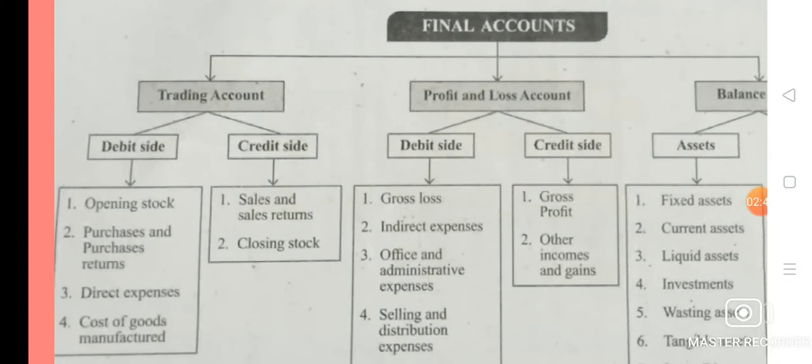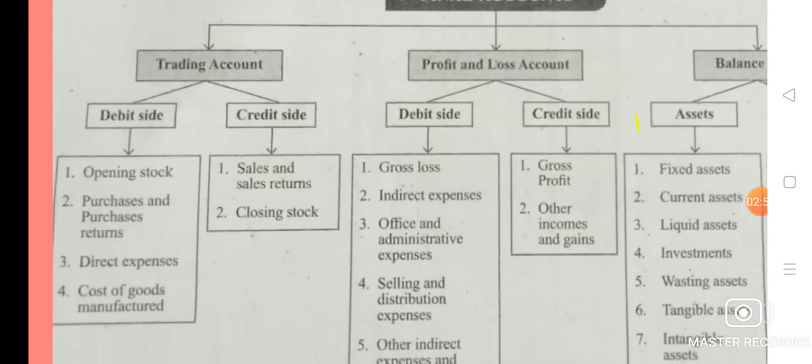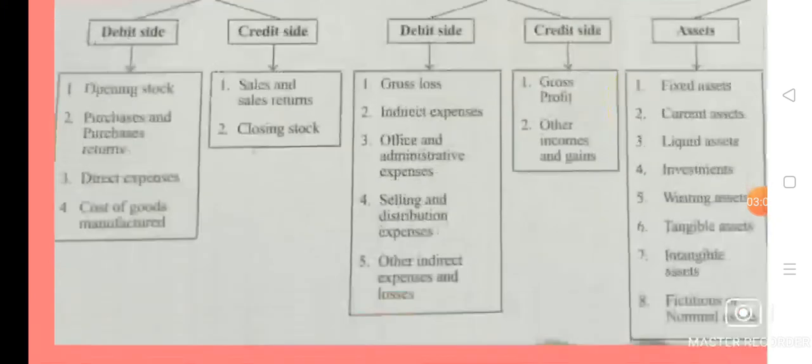Then the credit side: gross profit, a value transferred from the trading account. Then other incomes and gains will be entered into the credit side of the profit and loss account. The net result shown on the debit side of the profit and loss account is known as net profit.